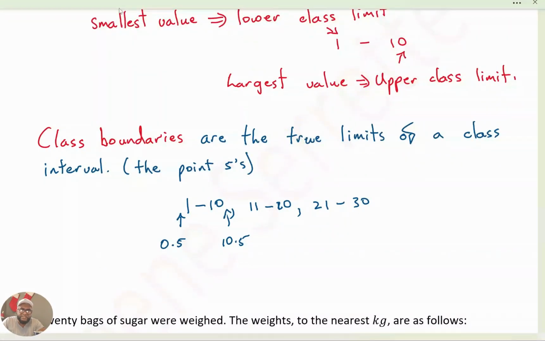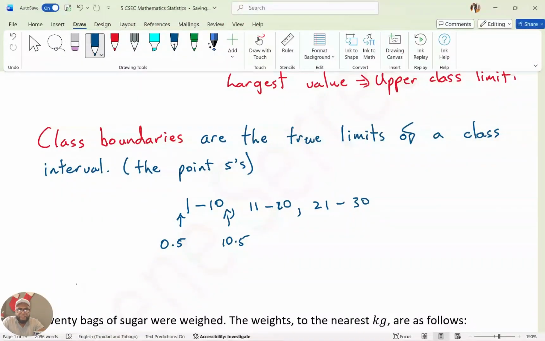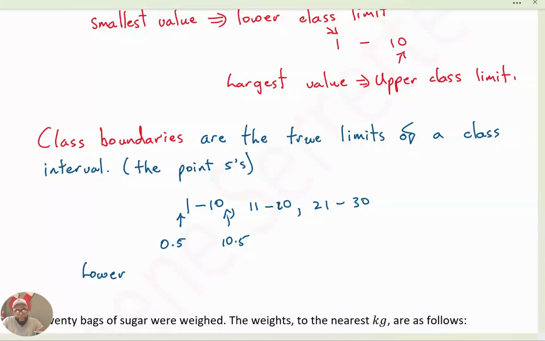So for the first class interval, 0.5 is your lower class boundary and 10.5 is your upper class boundary.